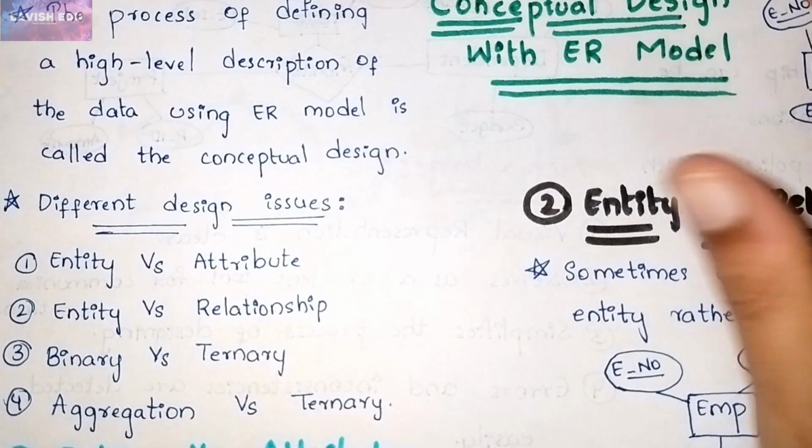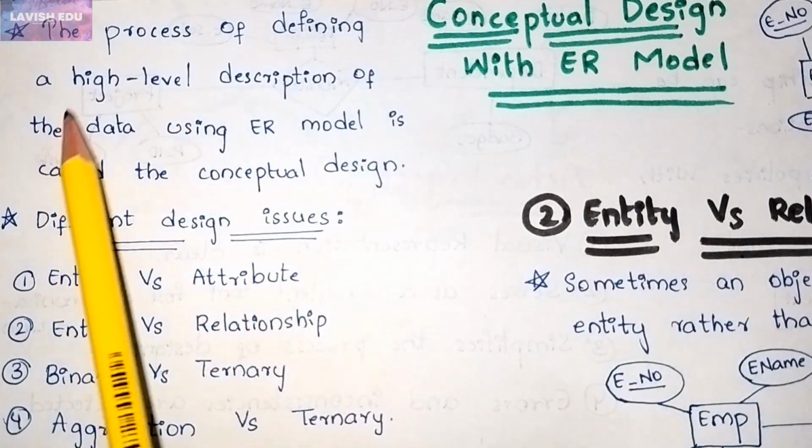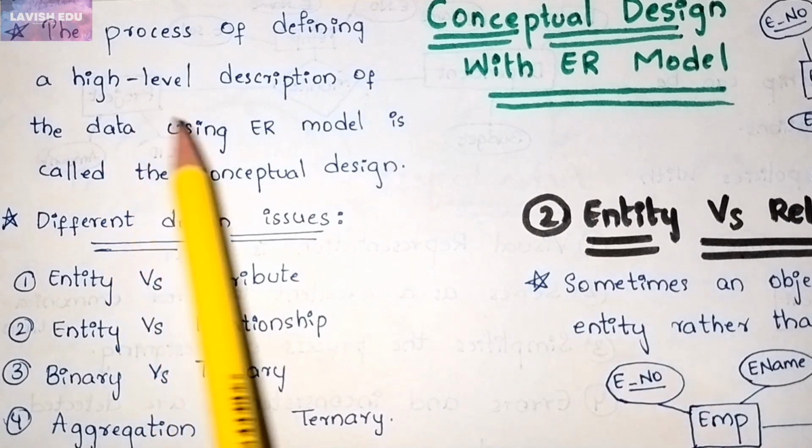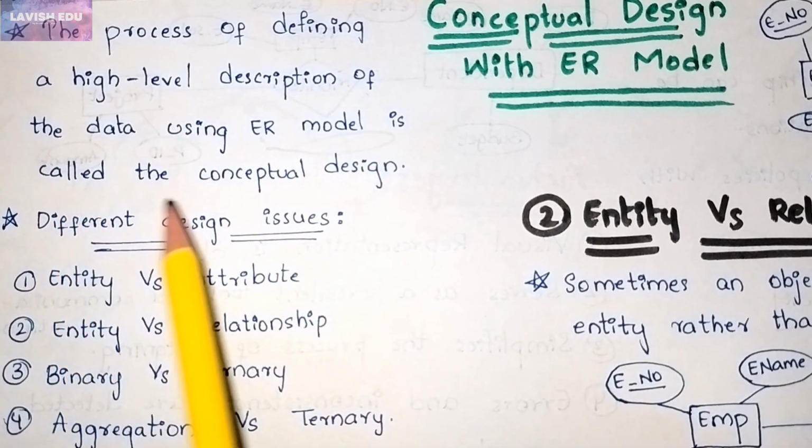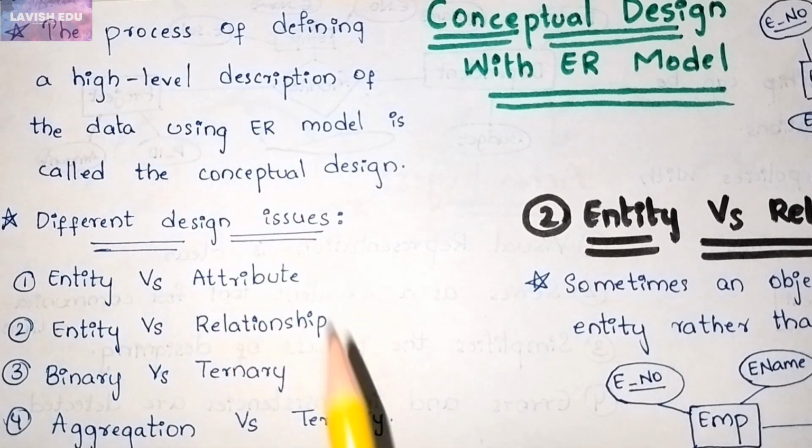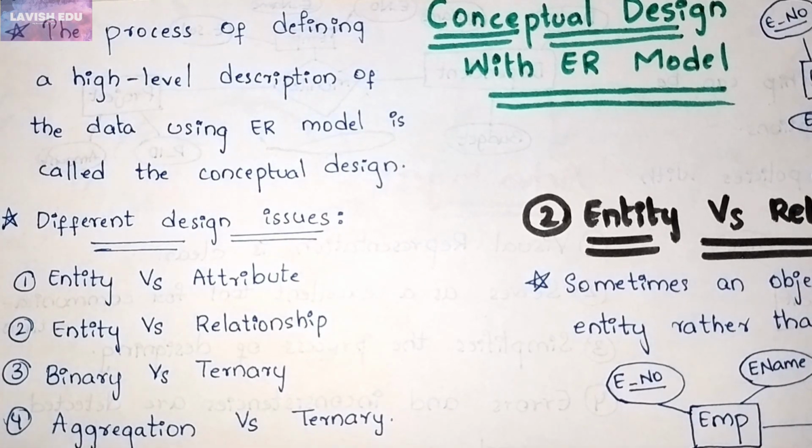We will see what is a conceptual design. The process of defining a high level description of the data using ER model is called conceptual design. Conceptual design is nothing but the representation which will be simple, logical, and user friendly.